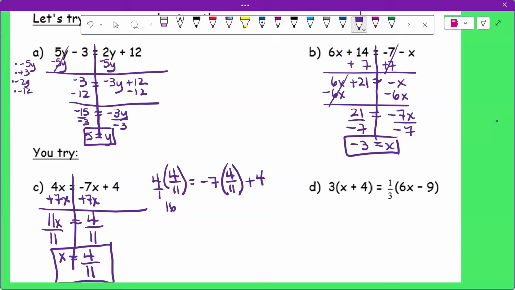So this is 16/11 equals -28/11 plus, we need this to be 11ths as well, 44. Well, 16/11 equals, what's 44 minus 28? Different sign, subtract, keep the sign of the higher number. It's 16/11. So that checks out, which means our solution of 4/11 is correct.